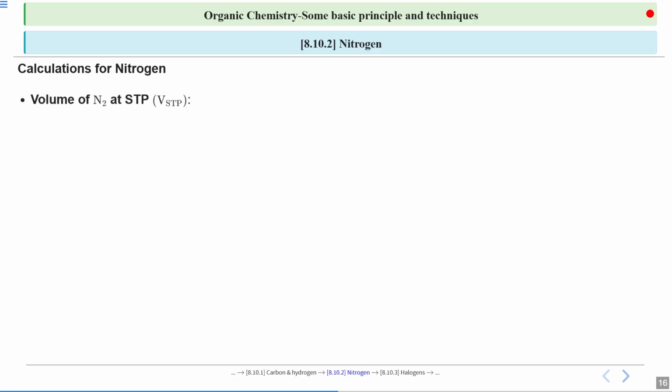Now let's calculate the volume of N2 at STP. From the combined gas law, we know that P1 times V1 divided by T1 is equal to P2 times V2 divided by T2. So V1 is the volume of nitrogen gas that we have actually collected during the experiment, measured in milliliters.